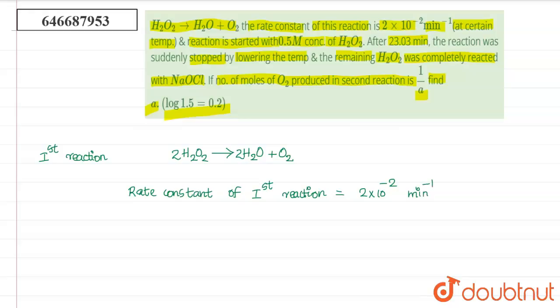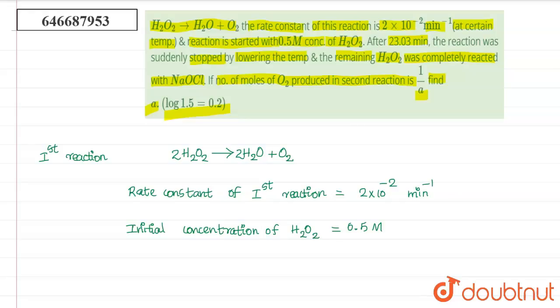Okay, and the reaction is started with 0.5 molar concentration of H2O2. Hence initial concentration of H2O2 is equal to 0.5 moles.